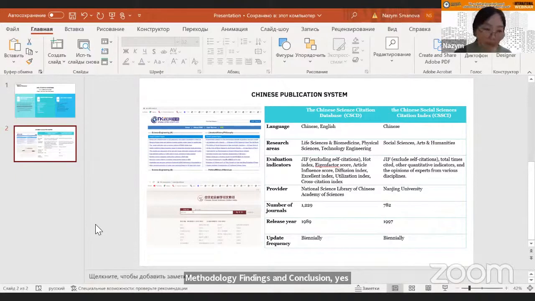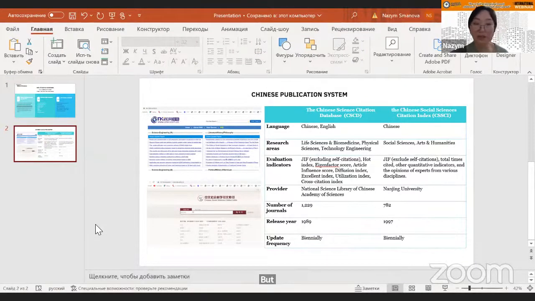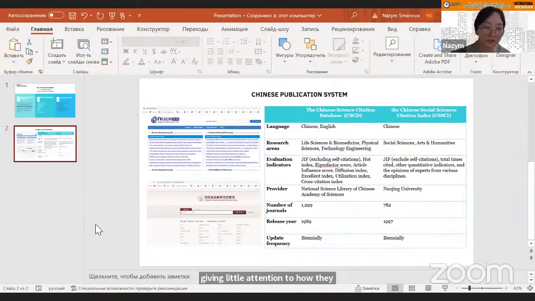It's better to begin with what is known about a particular problem, leading to what is unknown and important to find out, and ending with the objective of the research. Most Chinese authors usually begin with a discussion of well-known knowledge, but give little attention to how their research adds new knowledge to the existing knowledge.